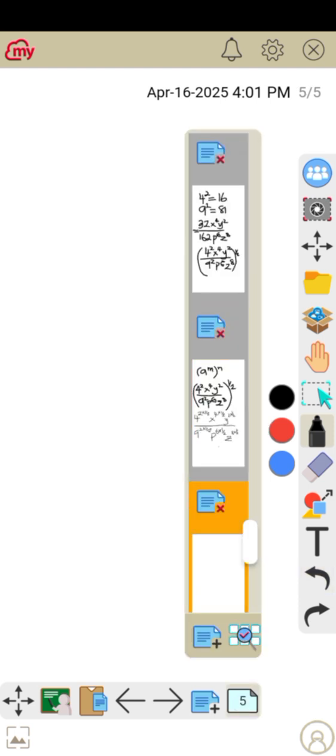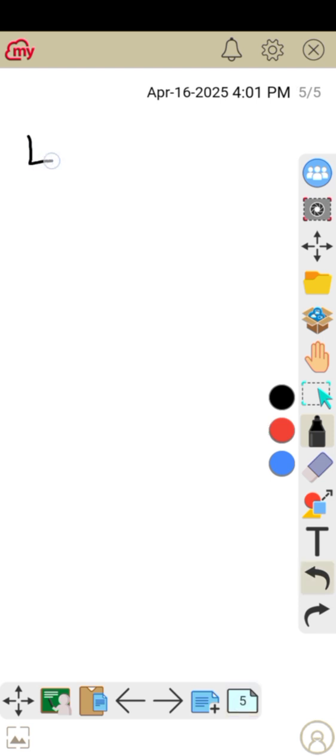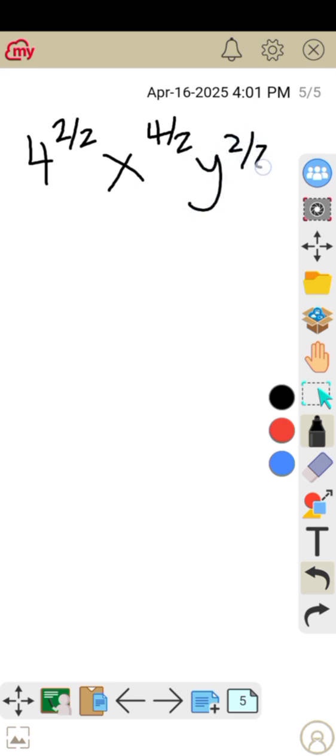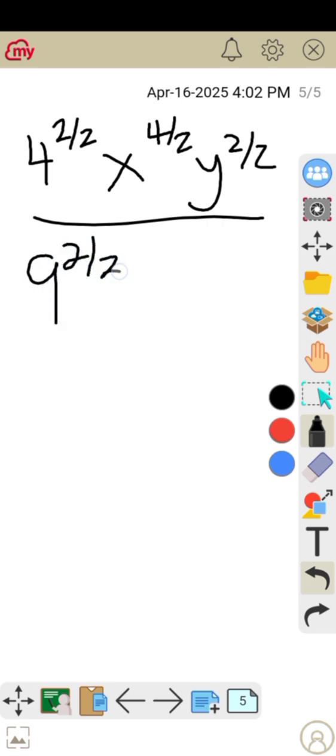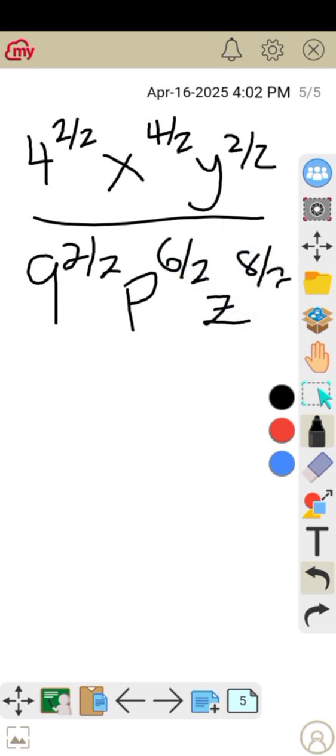In this case, I'll be having 4 into 1, because I'll be having 2 over 2. X, I'll be having 4 over 2. Y, I'll be having 2 over 2. All into 9, 2 over 2. P, 6 over 2. Z, 8 over 2.